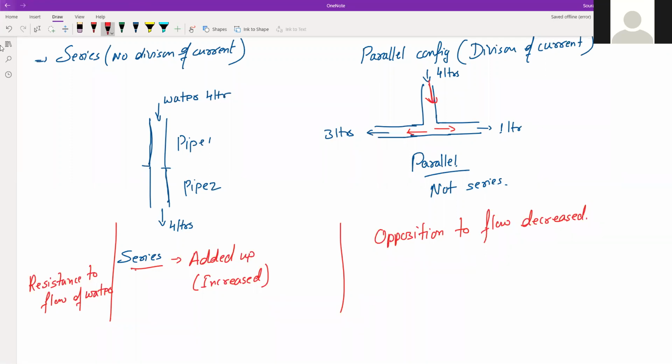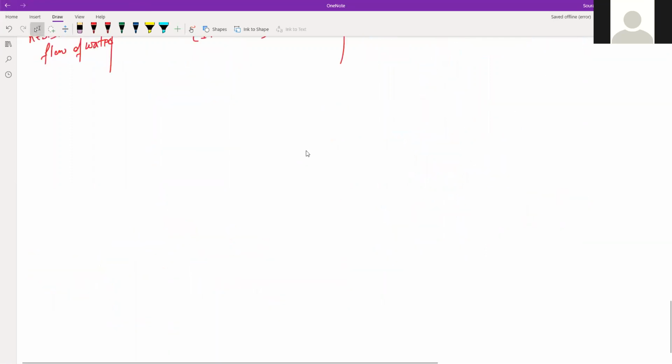Right. Now we understood what is series and parallel, and now we'll see how to find effective resistance in case of series and in case of parallel.